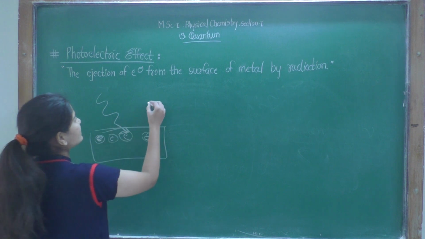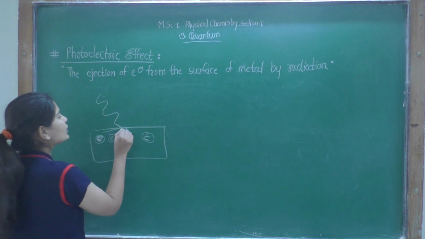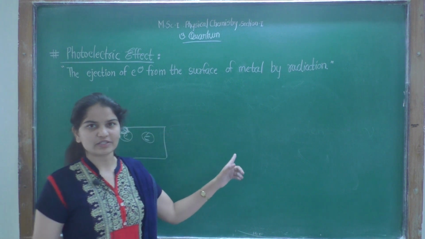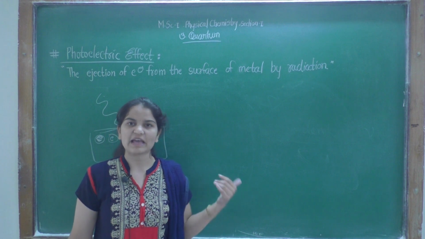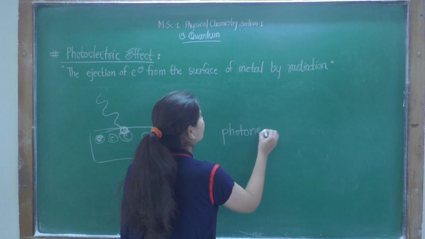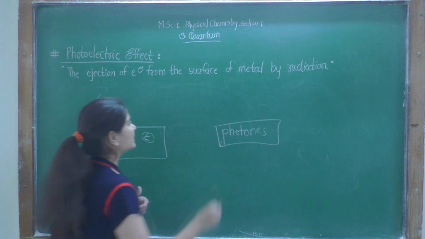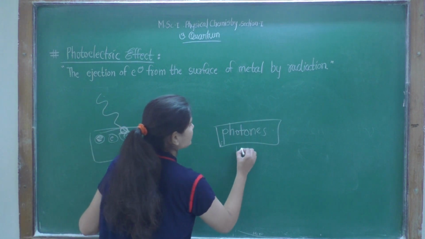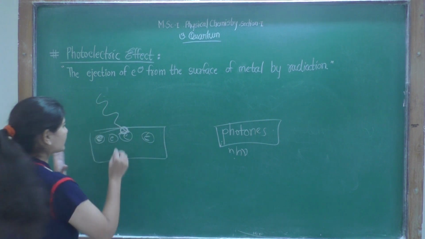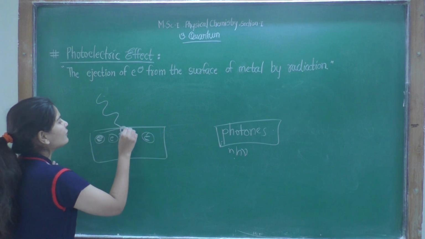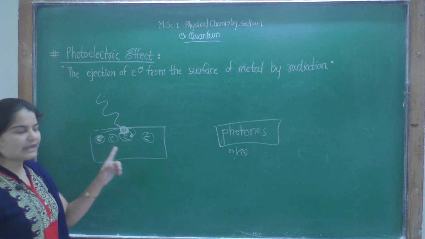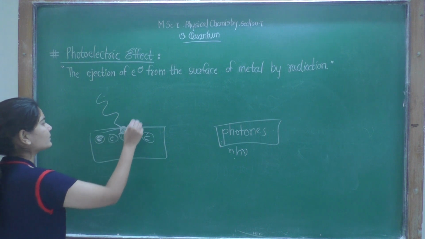These quanta of energy, or bundles of energy having value h nu, were termed photons by Einstein. Only one photon is able to provide energy to one electron, and then the electron is ejected.